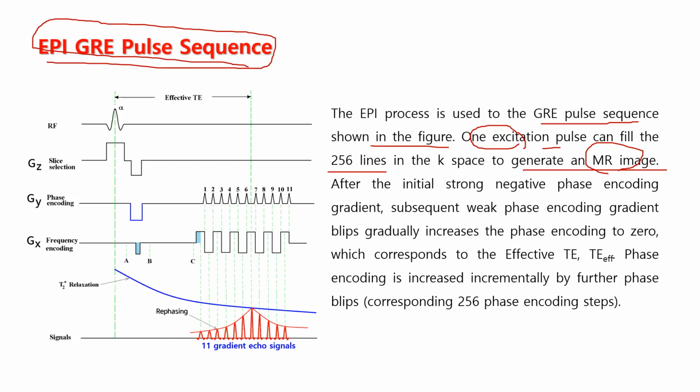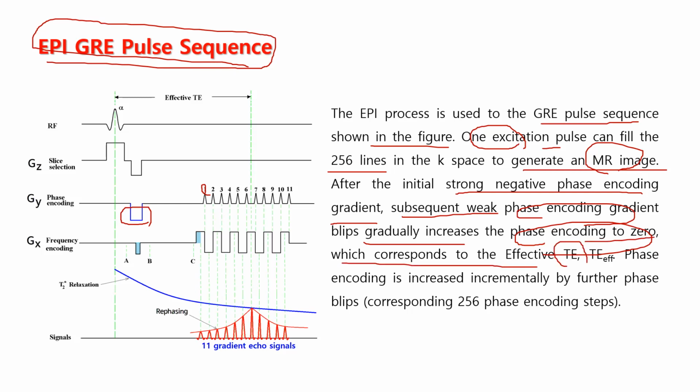After the initial strong negative phase encoding gradient, this one, subsequent weak phase encoding gradient blips, these blips, gradually increase the phase encoding gradient to 0, which corresponds to the effective TE. So at this point, phase will become 0. So negatively largest, passing this 0 position and increasing.